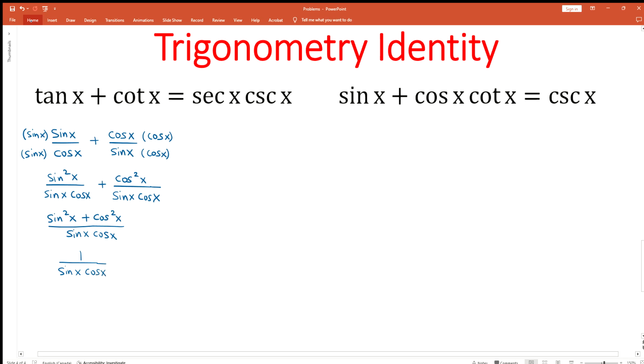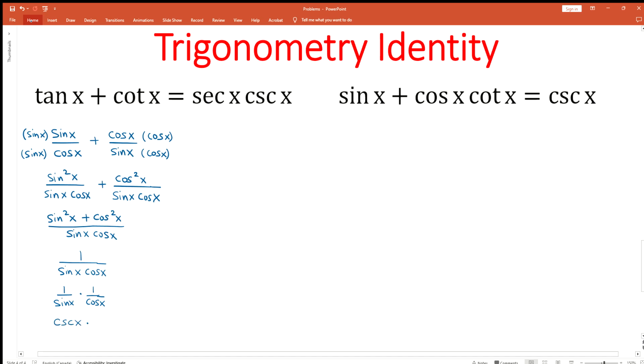We can write 1 over sin x cos x as 1 over sin x times 1 over cos x. The reciprocal ratio for sine is cosecant, so we can write 1 over sin x as cosecant x.